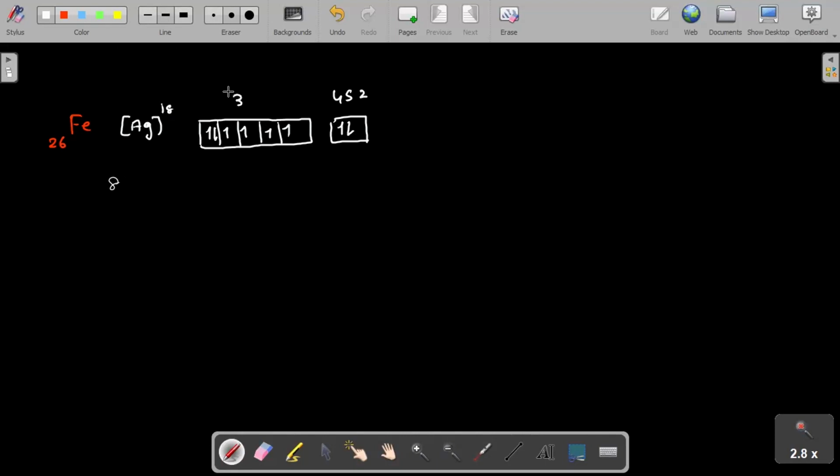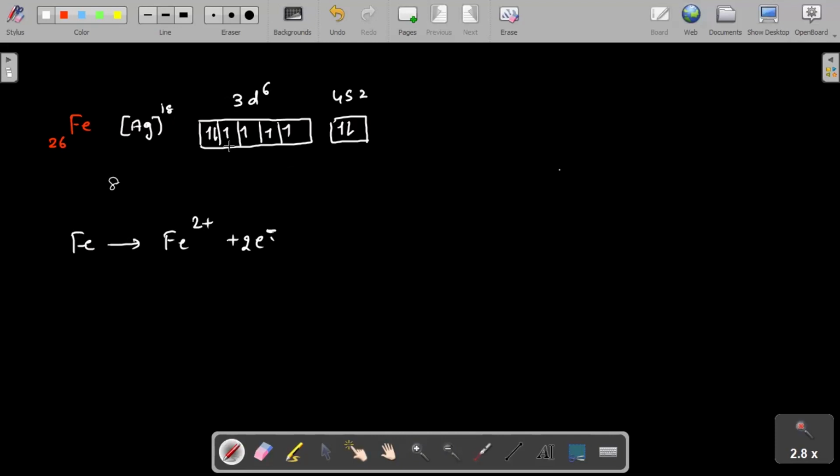Okay, so this is 3d6. Now, if I have to remove 2 electrons from iron, that means I want to make it ferrous ion. Which 2 electrons do I have to remove?